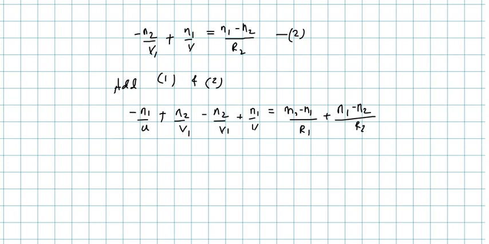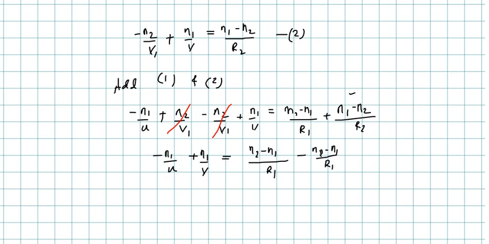Clearly we can cancel these two. So what is left now? Minus n1 by u plus n1 by v equal to n2 minus n1 by r1 minus n2 minus n1 by r1. Let us take minus common and write it that way.